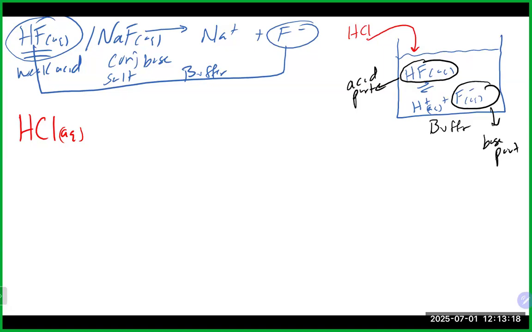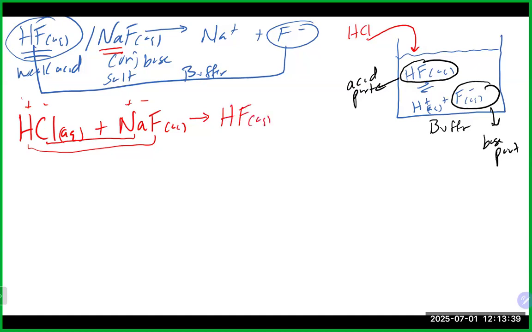So when you dump that into here, it's going to react with the base part of the buffer in this case. It's going to do a double displacement reaction, dare I say it, there it is. We're going to switch partners here. And we're going to get, in this case, a little HF. And we will get a little sodium chloride at this point.